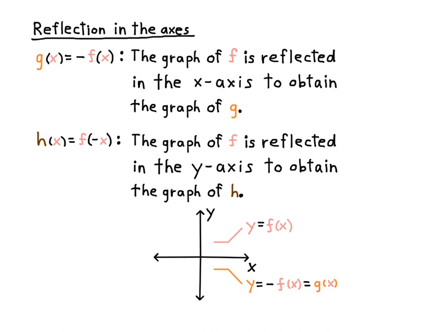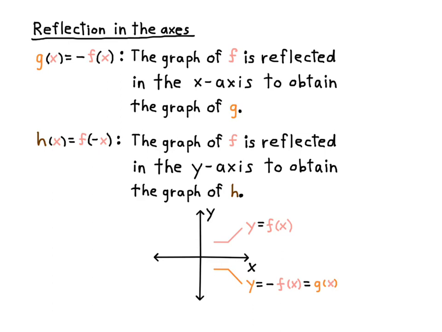So say if y had a formula x squared plus 1, if that was f of x, then g of x would be negative x squared minus 1. You would take the opposite of each term, right?